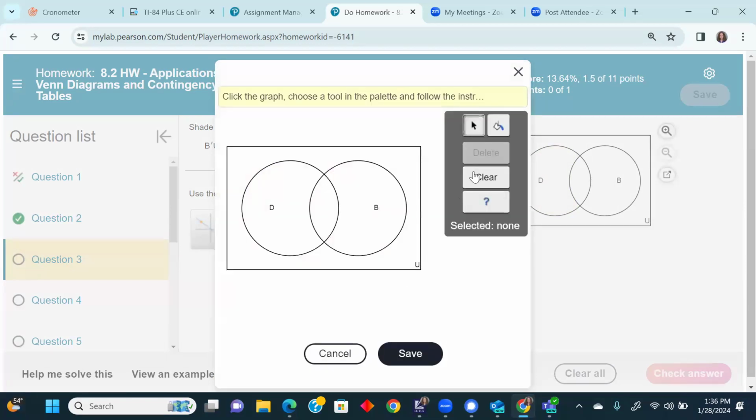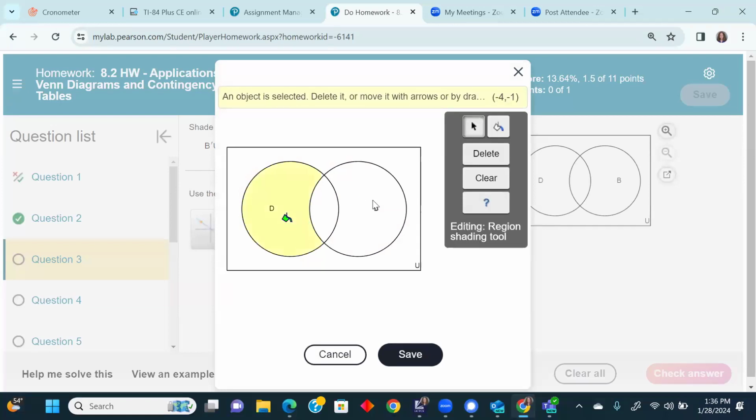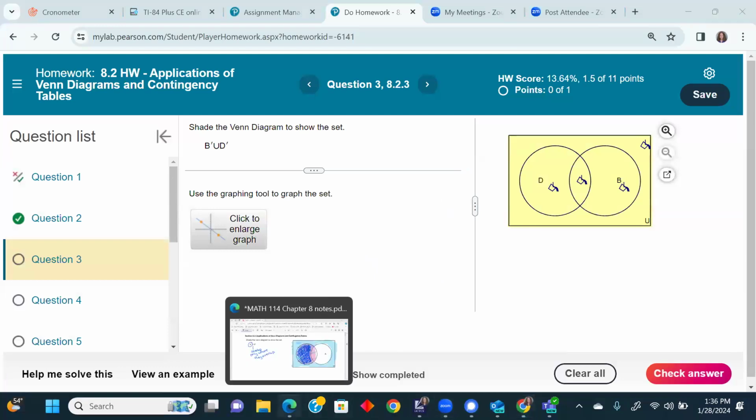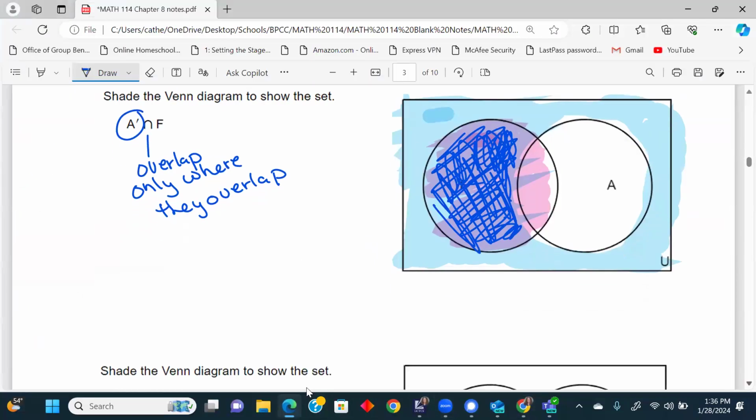You can hit clear, you can start over, but it doesn't matter what order you shade a region, you have to click the paint can again. Okay. Again, that's not the answer. Where are we at? There we go. All right.